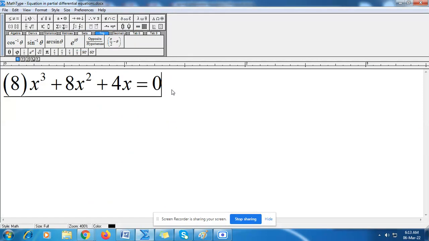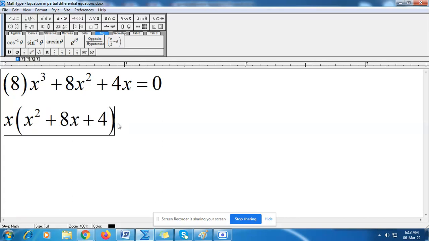And now, whenever we have no constant, then immediately you take x as common. If there is no constant, then you take x as a common. Then x square plus 8x plus 4 is equivalent to 0.